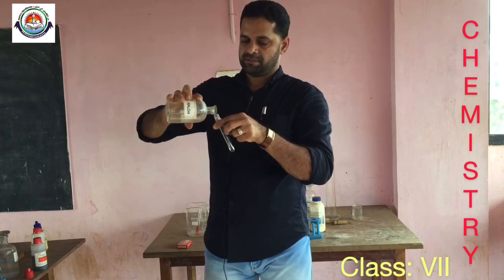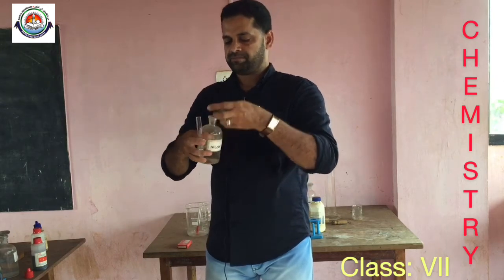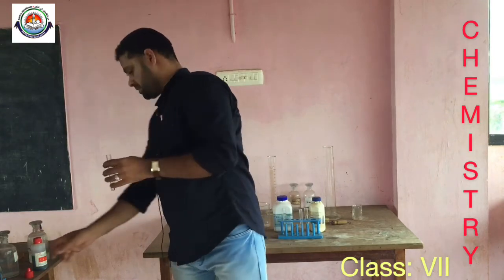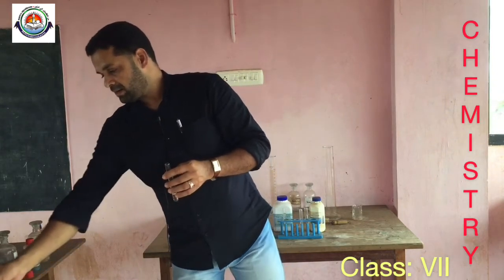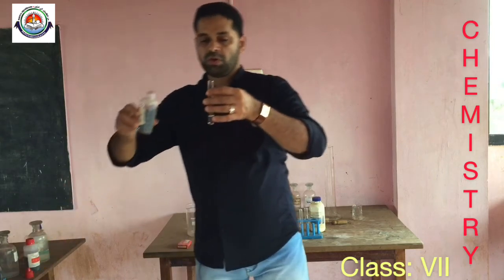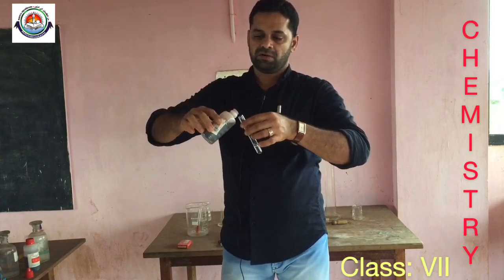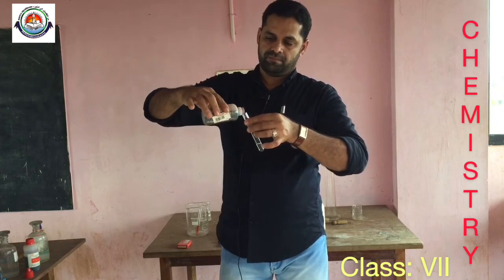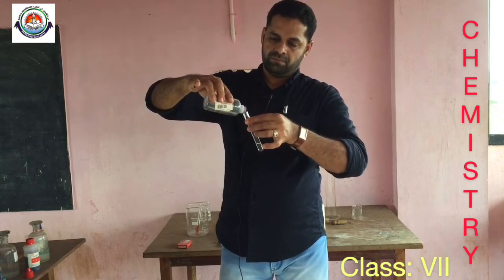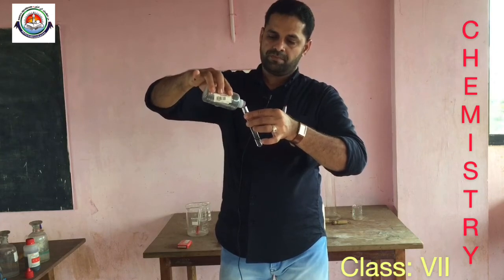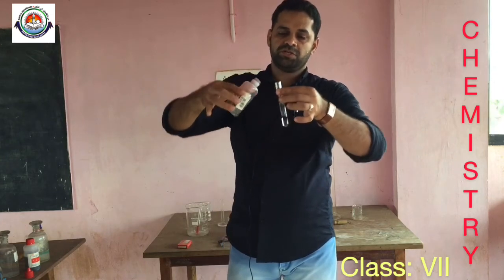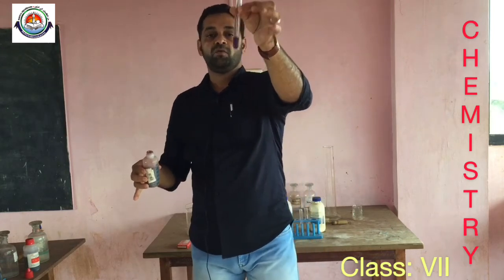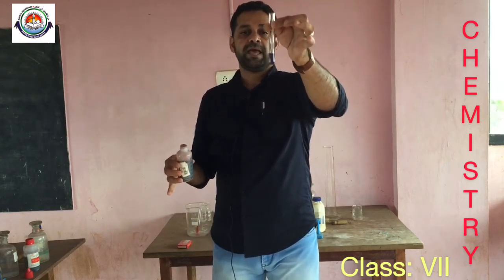So when we add red litmus solution to a base, see what is the color change. See, red litmus solution changes to blue. Red litmus solution changes to blue. Why? Because this is a base.